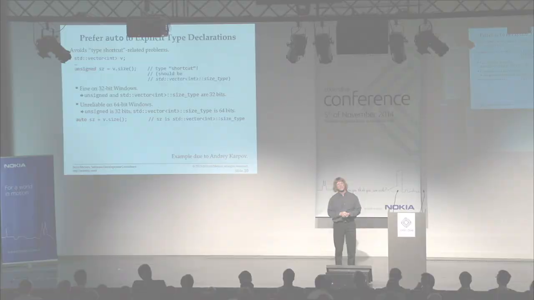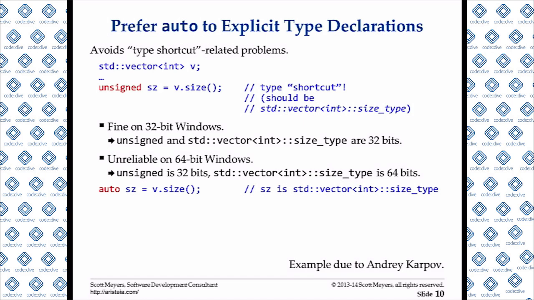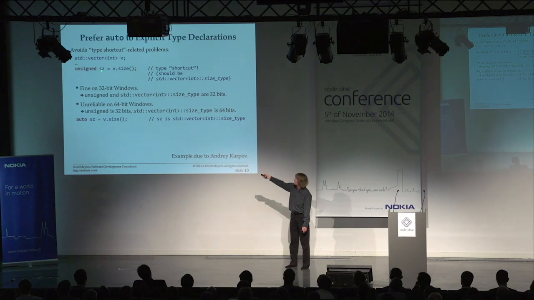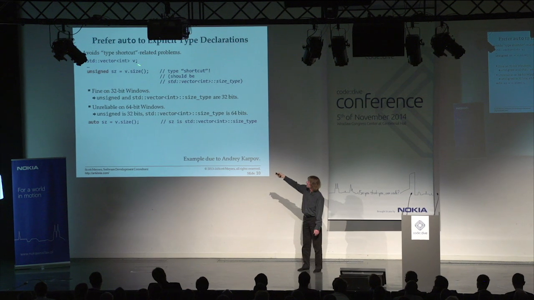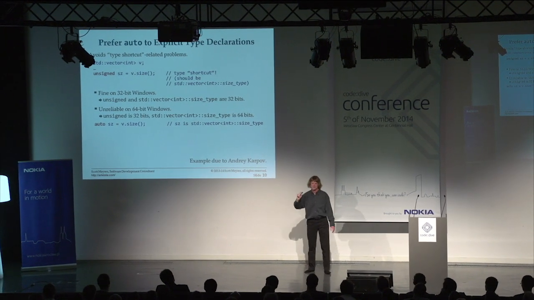But now let's move on to things which are a little bit more interesting. Sometimes when people are programming with actual types, they use what I call type shortcuts. A type shortcut is where you don't actually type the correct type. You type something which is pretty close to it and which works almost all the time. So for example, if I have a vector of int, and I decide I want to keep track of how big it is, so I say, okay, I'm going to create the size variable, which is going to be the size of this vector, and I say, well, it's an unsigned.